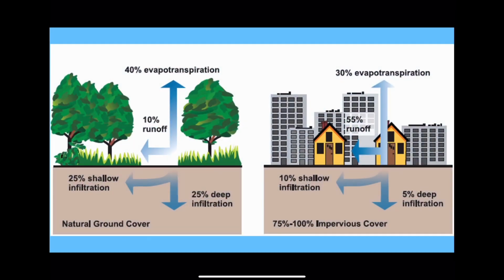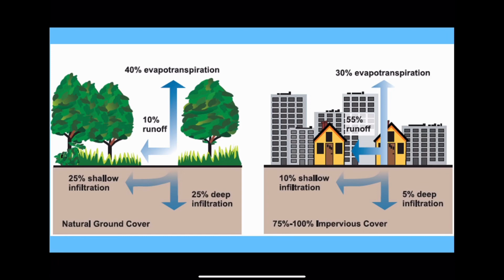So first of all here we are looking at urbanisation having occurred, so people having built a city. So on the left here we have a rural area, and we've got the various percentages of what happens to water and its movement, and then on the right we have a city with impenetrable surfaces.